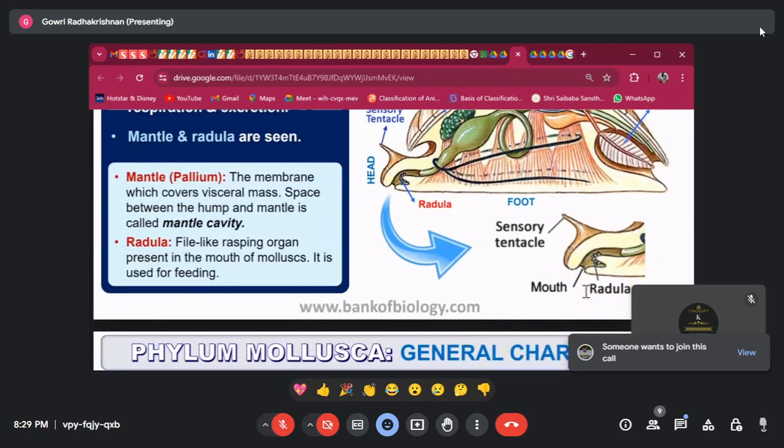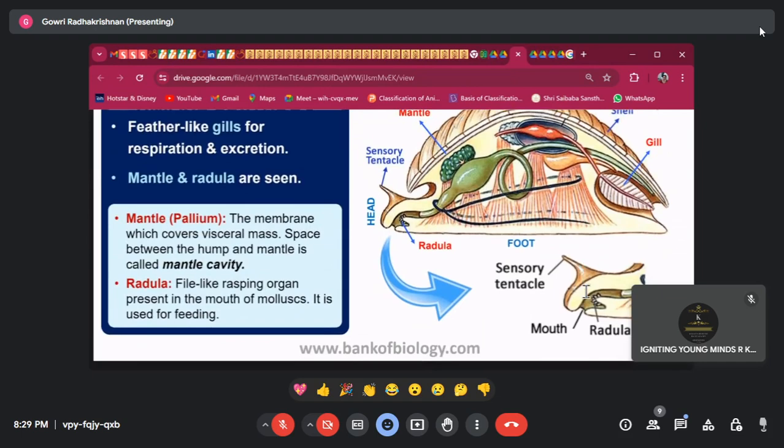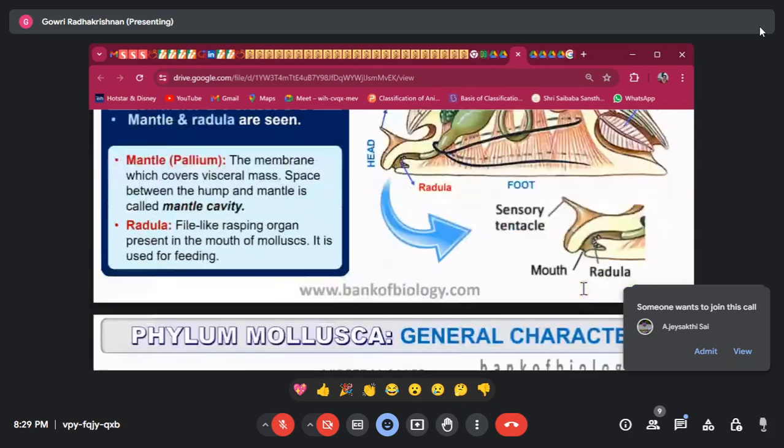Mantle is the membrane which covers visceral mass. Space between the hump and mantle is called the mantle cavity. Radula, a file-like rasping organ present in the mouth of mollusks. It is used for feeding.